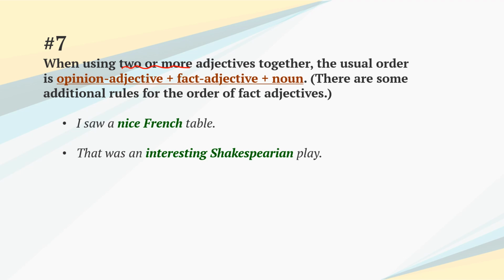So French is a fact, and nice is opinion. So French table, nice French table. That was an interesting Shakespearean play. Shakespearean is a fact, interesting is opinion. So Shakespearean play, or interesting Shakespearean play.